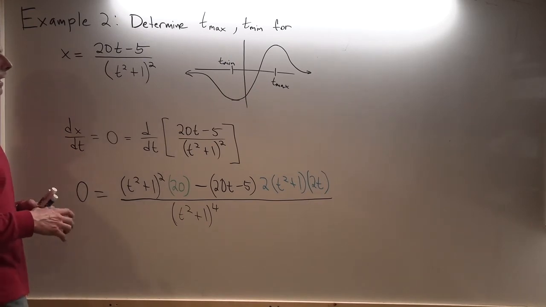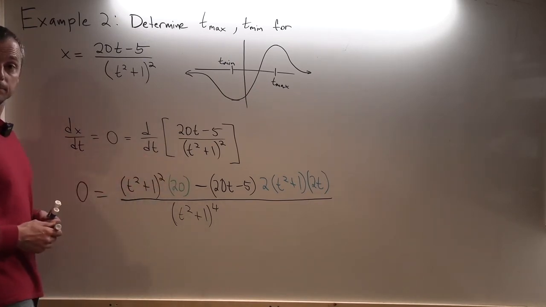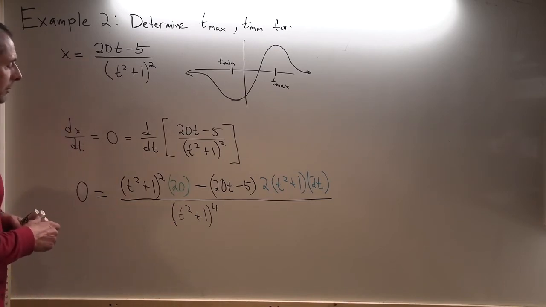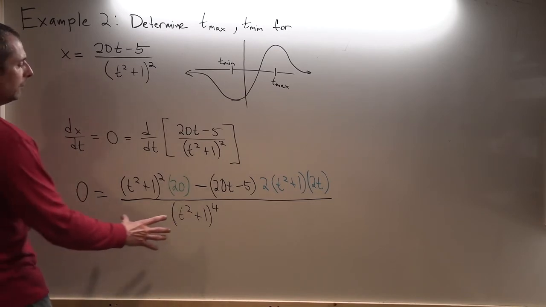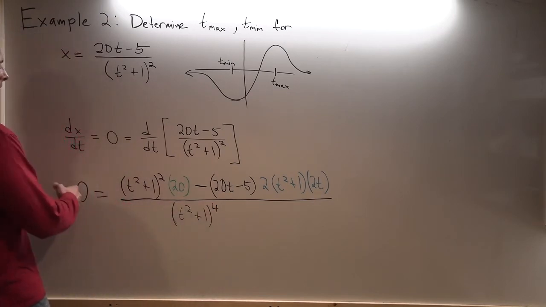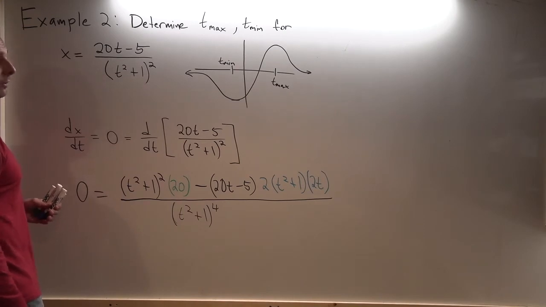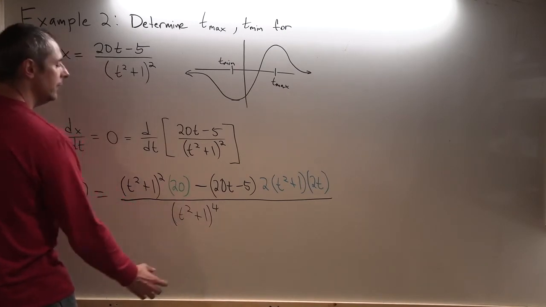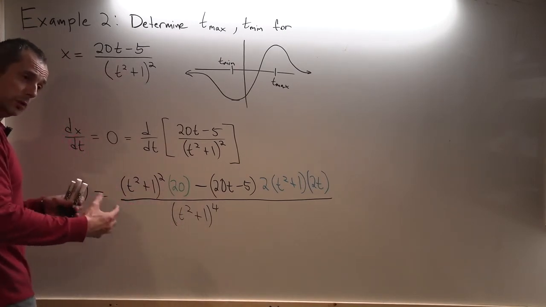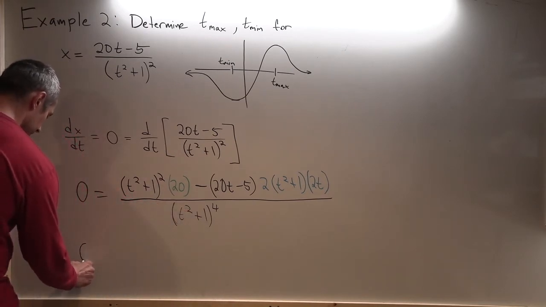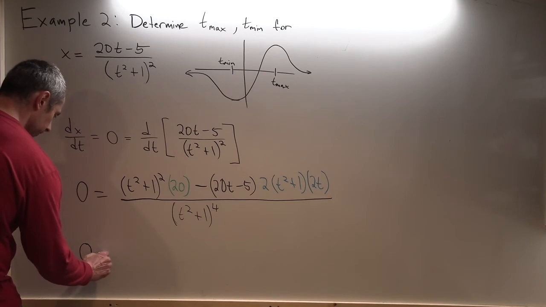Okay, now I've got to solve this for t. There are a lot of different ways you could do this, but I'm going to try and make it as simple as possible. First thing I'm going to do is multiply by this denominator to the other side, because this is never 0, no matter what value of t I put in. So I can multiply both sides by that function without making the equality no longer true.